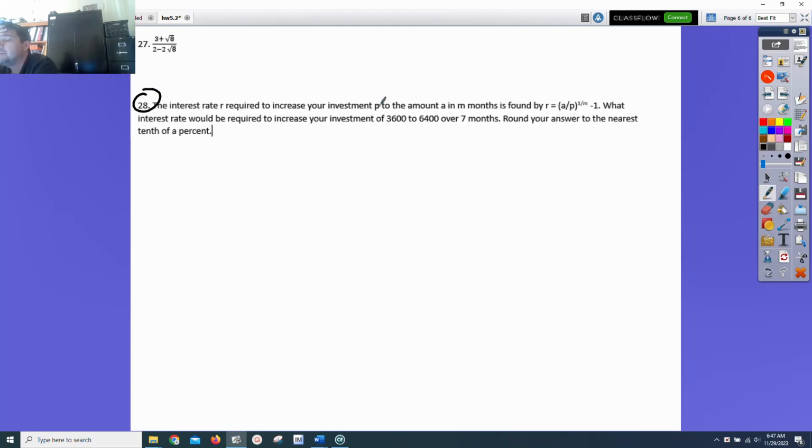So your investment is P, and you're going to increase it to some amount A, and there's your M. So R has to be 3,600 over 6,400 raised to the 1 over 7, because M is 7, minus 1. And from there you just crank out the math.